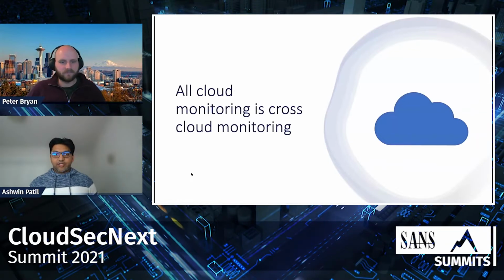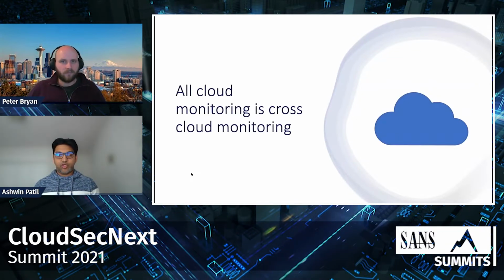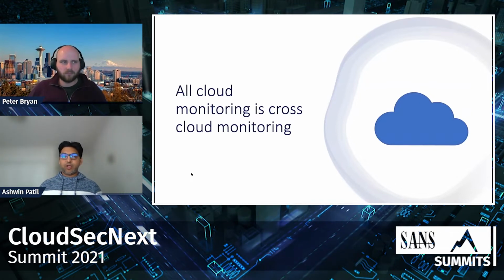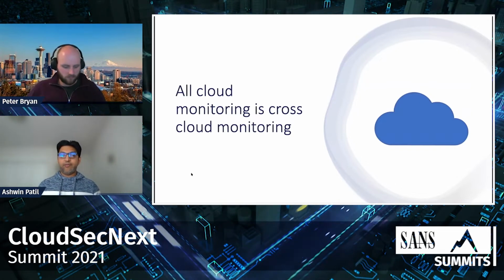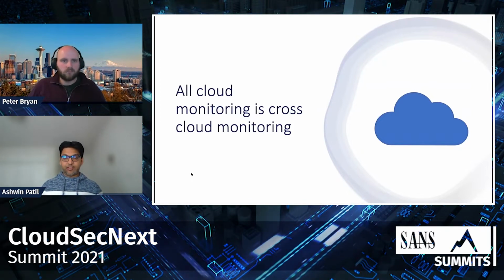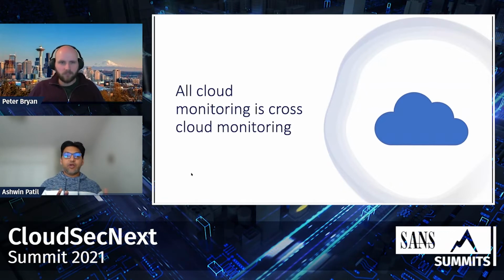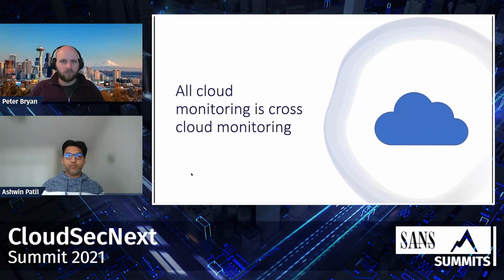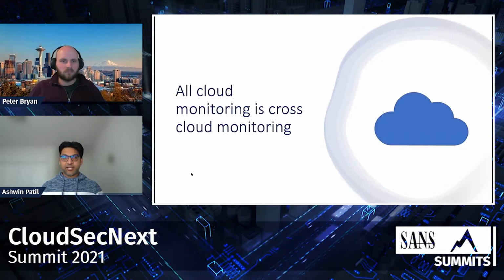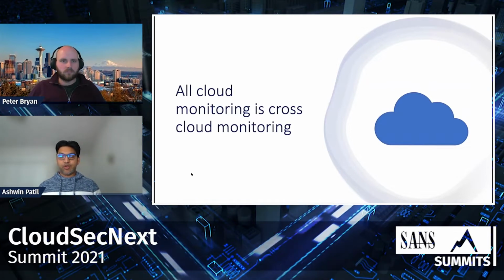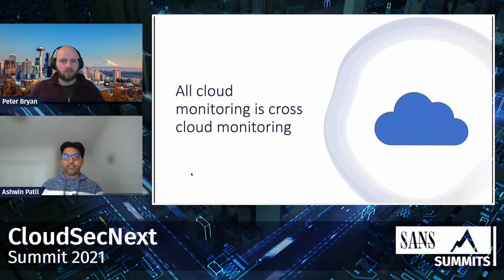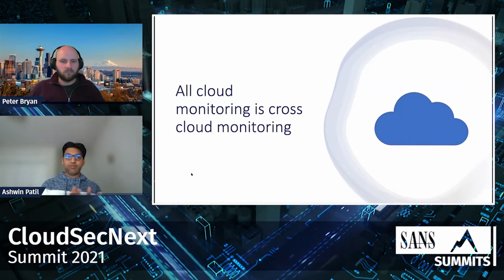So let's start talking about what is cross-cloud monitoring. Currently, for a typical organization, you may already be using multiple cloud service providers, such as Azure, AWS, GCP. Even if you are not using multiple cloud providers, you may have some use of SaaS apps, such as Zoom, or you may also have a combination of hybrid infrastructures, such as on-premises plus cloud.